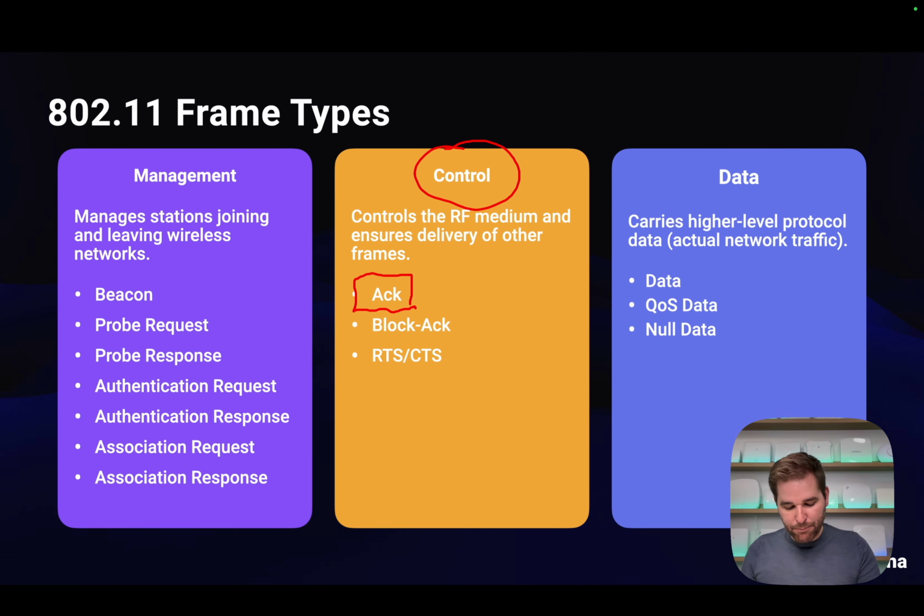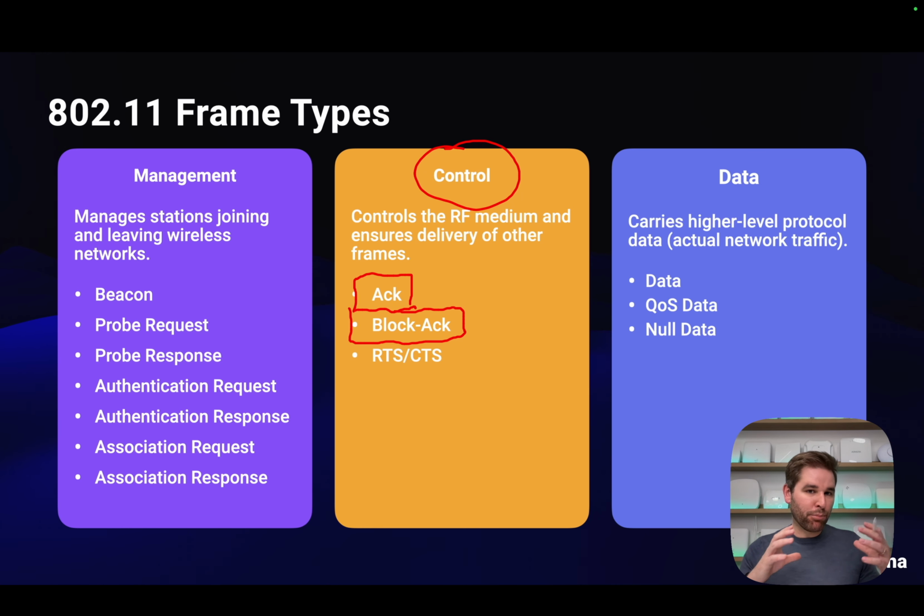The next is a block acknowledgement. When you're moving a lot of data in one direction, like maybe streaming video down to a client, it's a little inefficient to go data, acknowledgement, all the time. With a block acknowledgement, we can acknowledge a whole block of data frames at the same time.